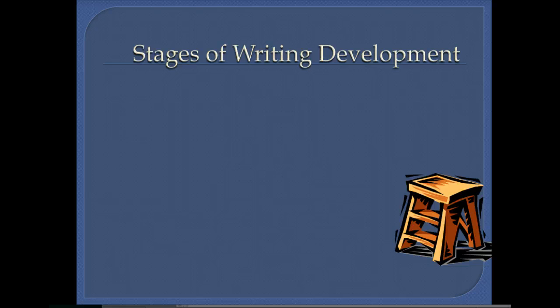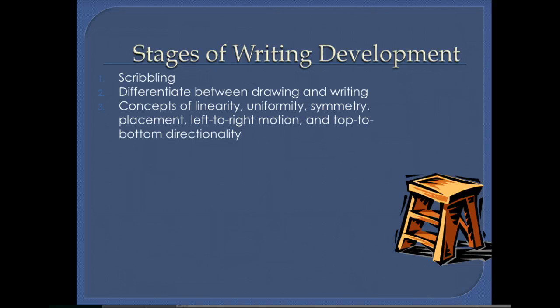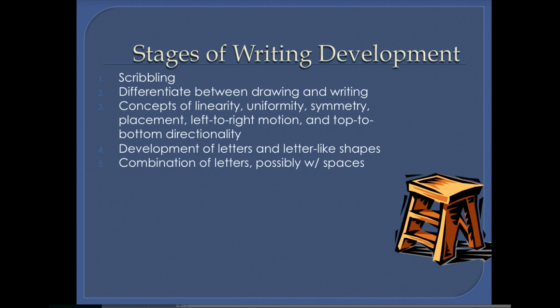Okay, in your Lipson and Wixon, it goes over several stages of writing development. First, they begin with scribbling, differentiate between drawing and writing, concept of linearity, uniformity, symmetry, placement, left to right motion, and top to bottom directionality. Development of letters and letter-like shapes.